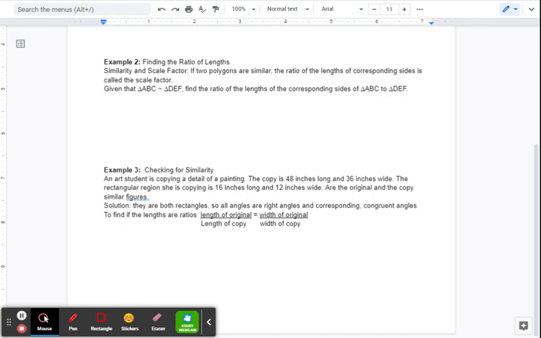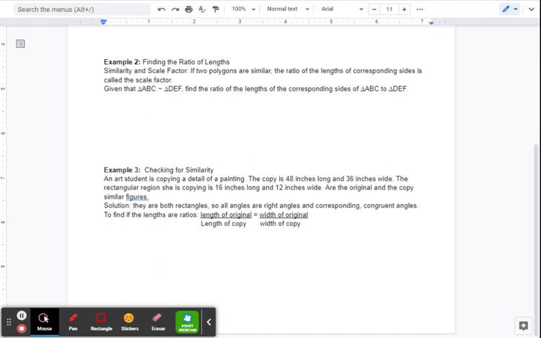Are the original and the copy similar figures? Yes. How can we figure it out? How would we know if they're similar? What did we just do? Simplifying. Simplifying what? What did I have to find? I have to find the ratios and simplify and see if the ratios are the same. So I have my length of 48 over my length of 16.